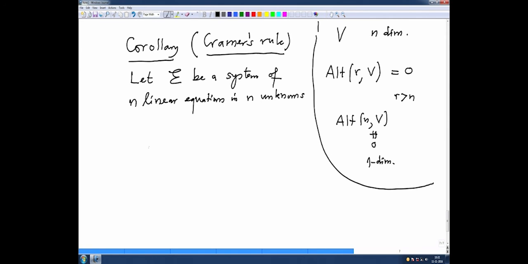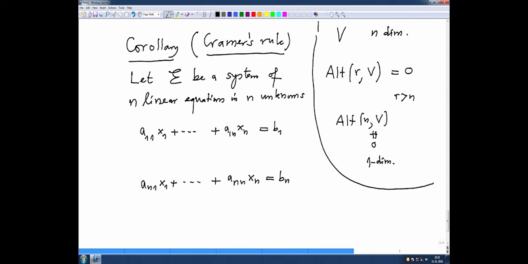And I am going to write, as one usually writes, a11 x1 plus ... plus a1n xn equal to b1, and this is the first equation, and the nth equation is an1 x1 plus ... plus ann xn equal to bn, and we want to solve this system.